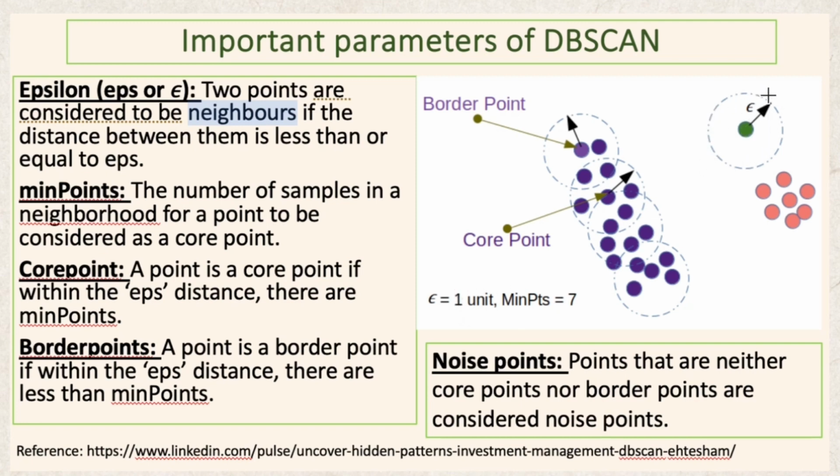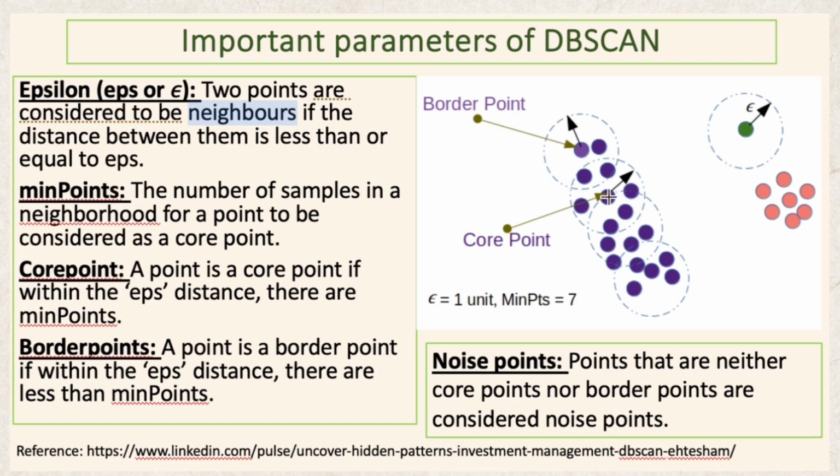This is the radius of that circle, and each neighborhood should have a minimum number of points which is defined by us. Let's say in this case, the minimum number of points is 7. So this is a neighborhood because it has 7 points, and the radius of this is epsilon. So epsilon and minimum number of points, or minimum number of samples, are the key parameters in DBSCAN.